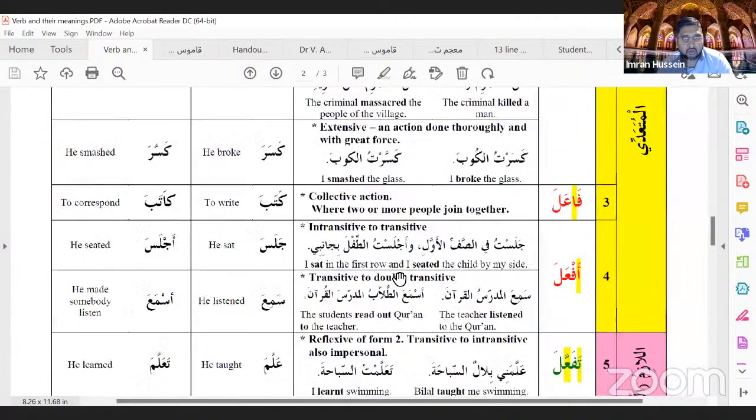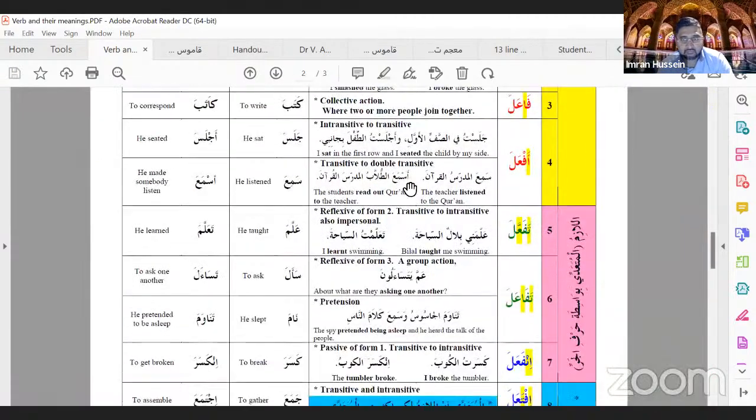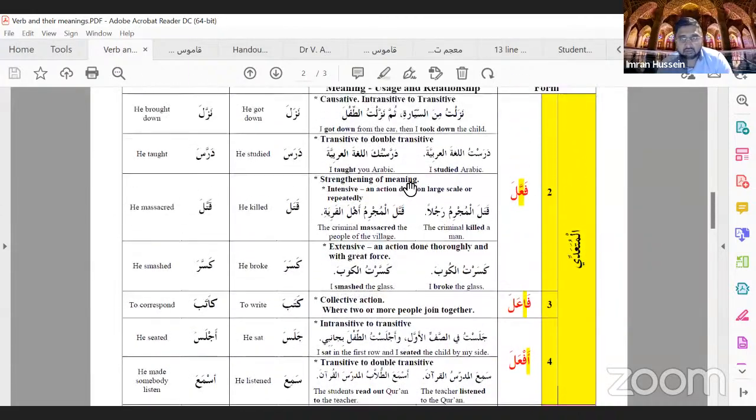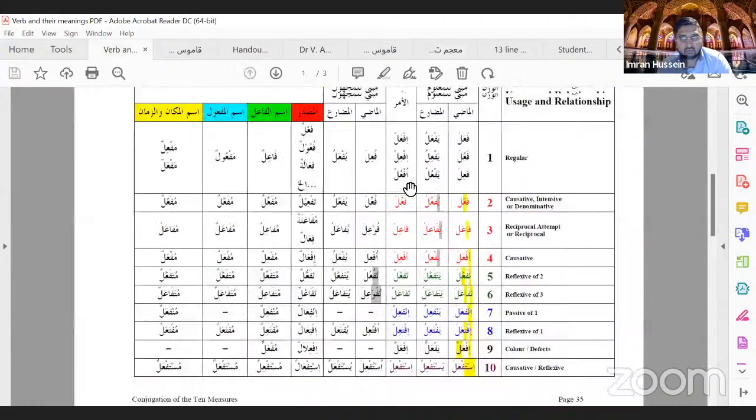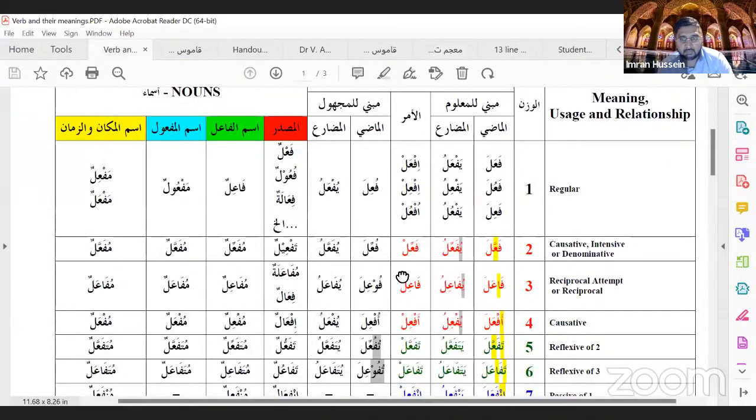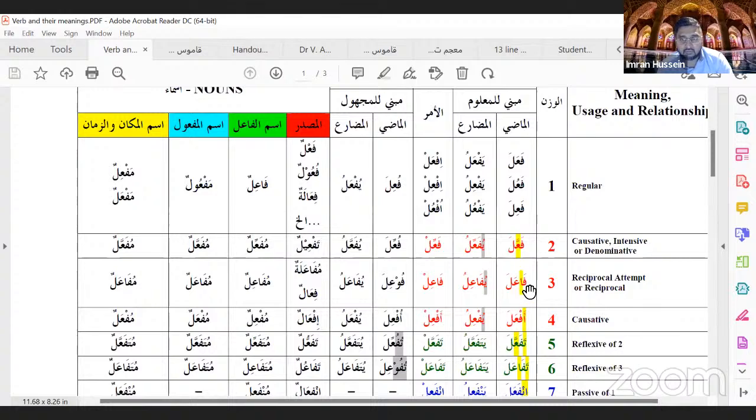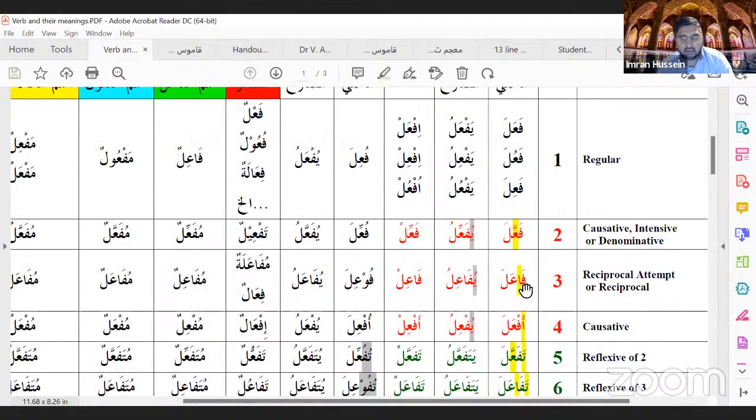Now the next one we are going to do is the four letter one, which is this one here. Remember this point. After the three letter verb fa'ala, we add an alif after the fa. So the past tense becomes fa'ala.